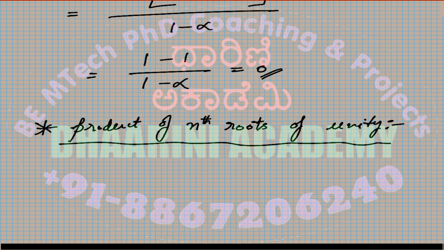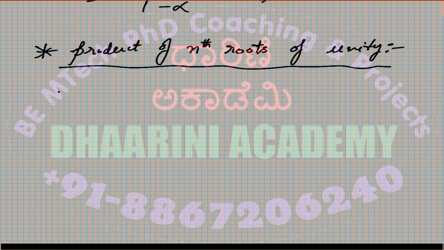My interest is now to take this product: 1 into alpha into alpha square into alpha cube into dot dot dot up to alpha to the n minus 1. This is what I want to calculate.